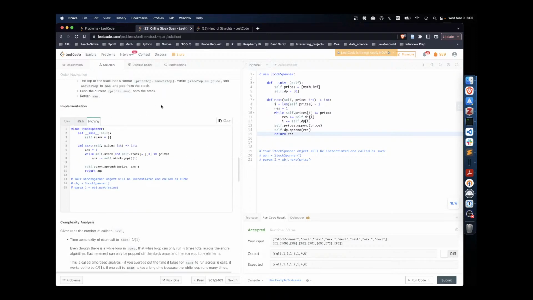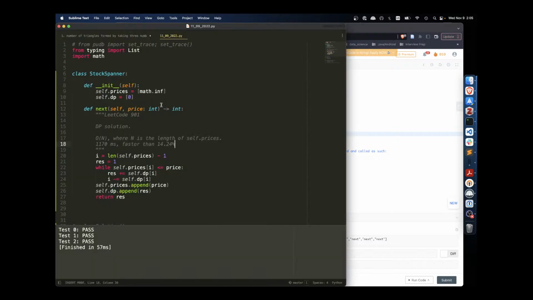What we're doing is the same thing, because this jump is essentially a monotonic stack.